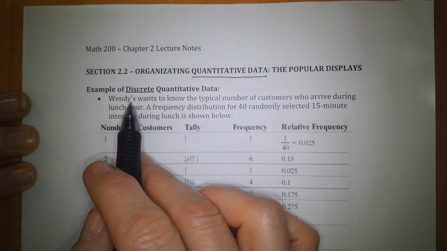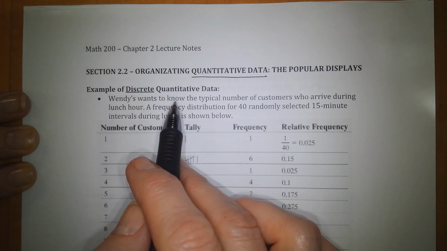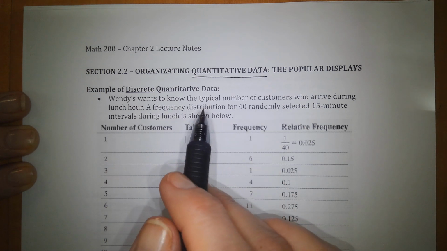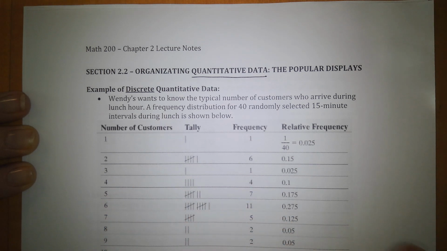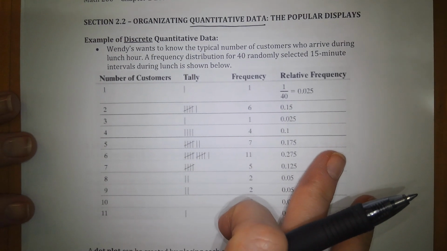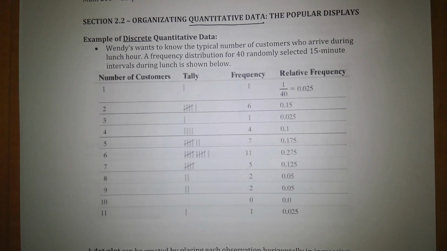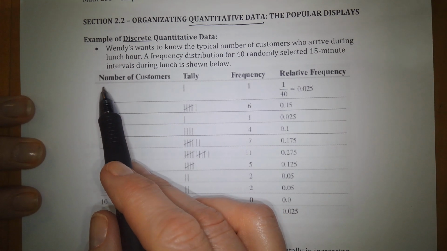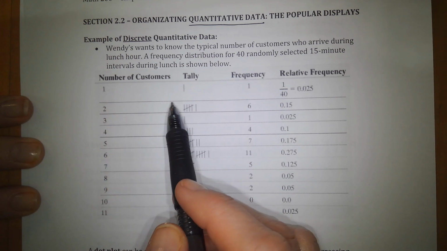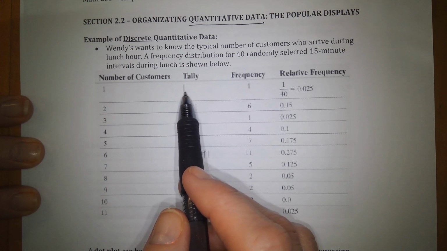Let's say the fast food restaurant Wendy's. They want to know the typical number of customers who arrive during lunch hour. So a frequency distribution for 40 randomly selected 15-minute intervals during lunch is shown below. So I had a number of customers and how many times each of those randomly selected 15-minute intervals occurred.